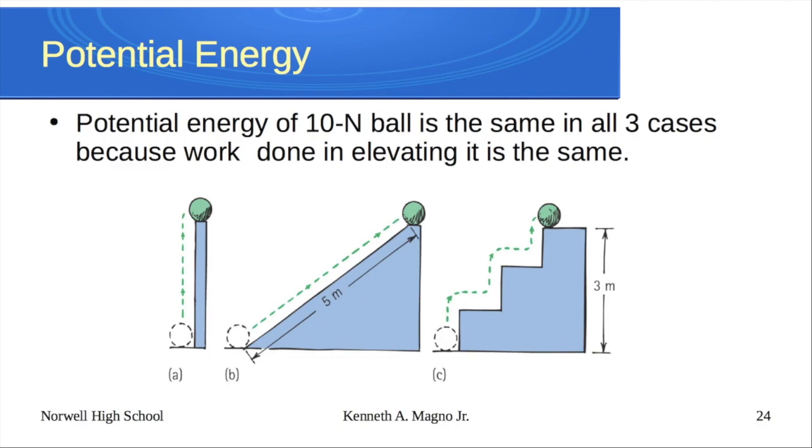As long as at the top they all have the same vertical change in height, 3 meters, I'd have the same change in potential energy. So in this case, PE grav would be 10 newtons, that's my mg, times 3 meters, or 30 joules for all 3 cases.